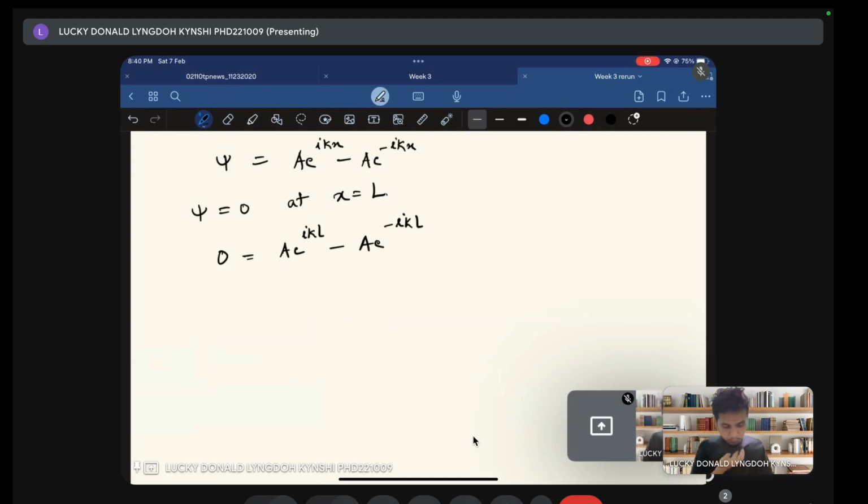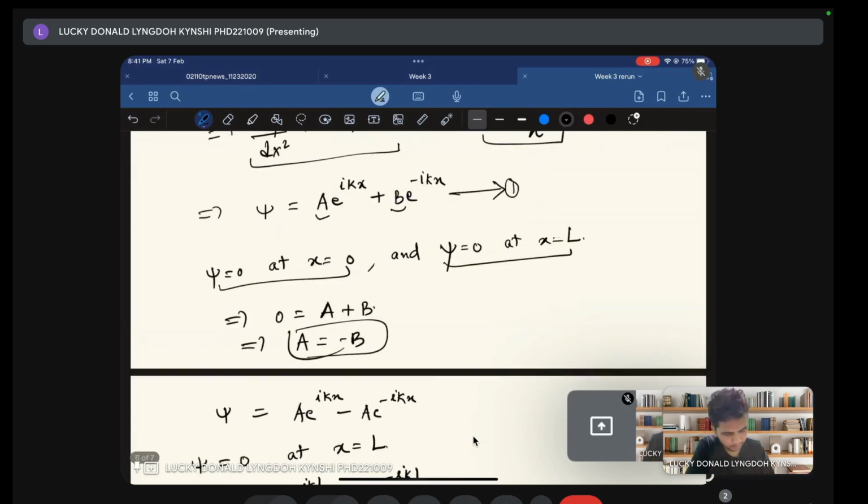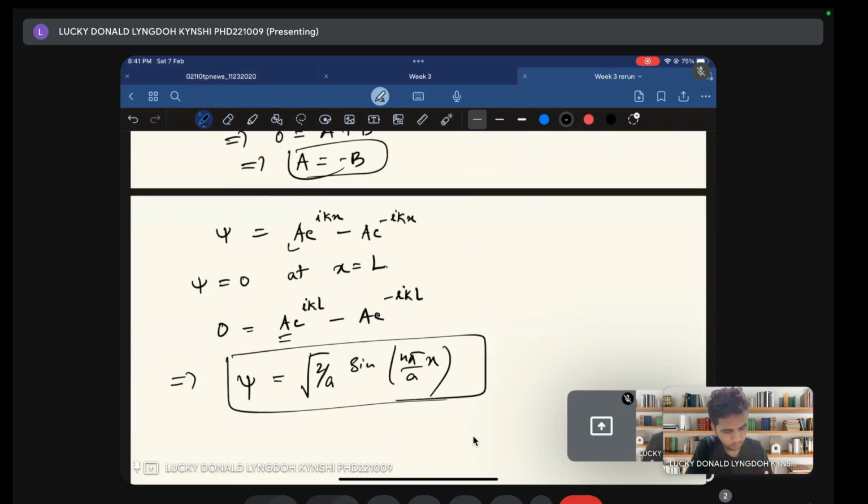If you solve this, you will get the value of A, and then ψ equals root 2 by L sine of nπx by L. That means you find the value of A and then put it back in this equation.